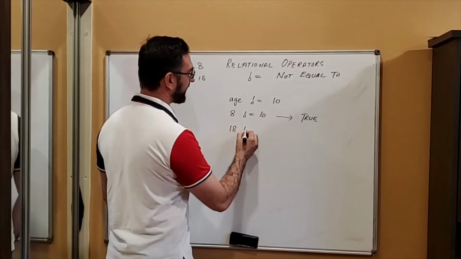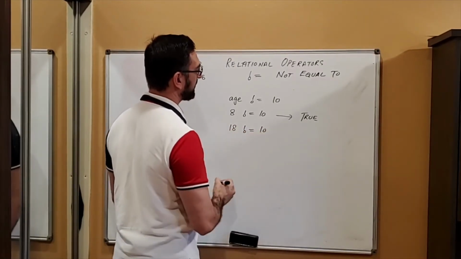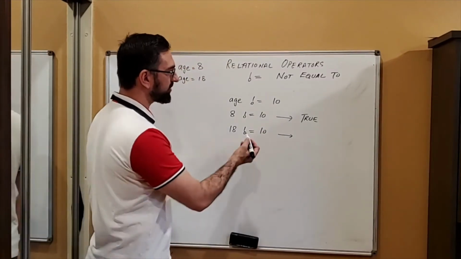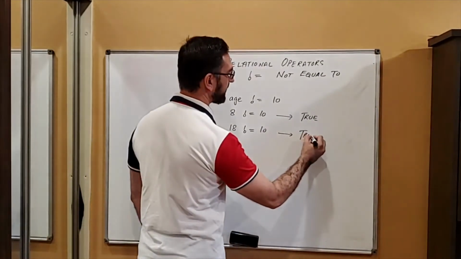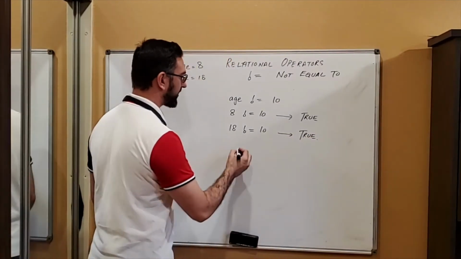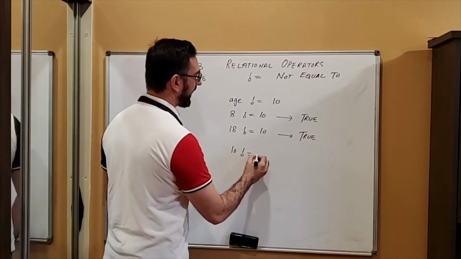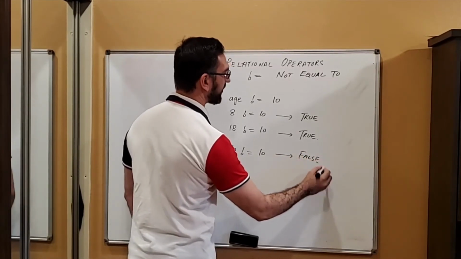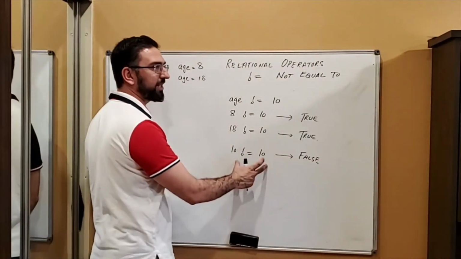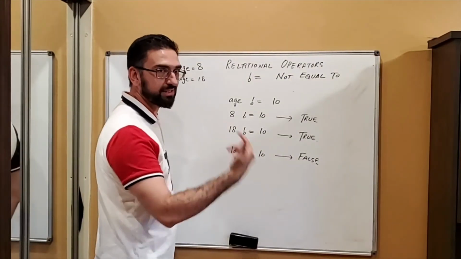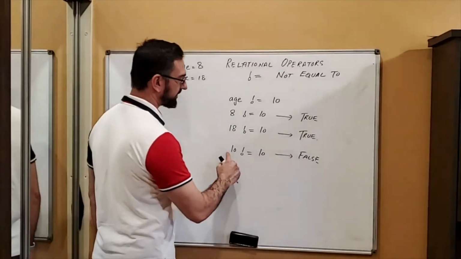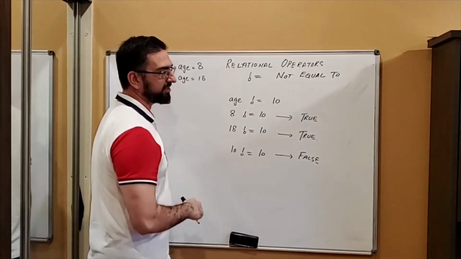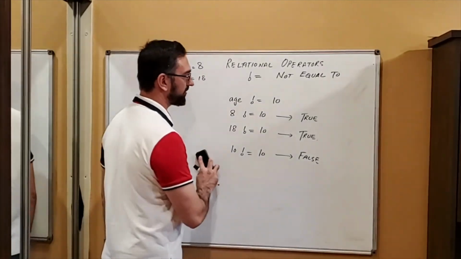If an 18-year-old comes, 18 is not equal to 10, so this statement turns out to be true, so they can ride the roller coaster. And if a 10-year-old comes, this statement turns out to be false, because 10 is indeed equal to 10. So this statement turns out to be false and they will be denied access, right? So this is just another example of using a relational operator.